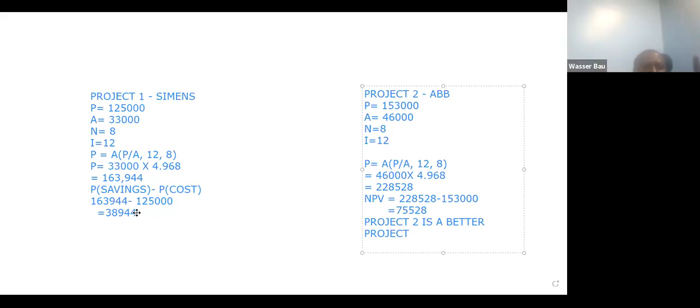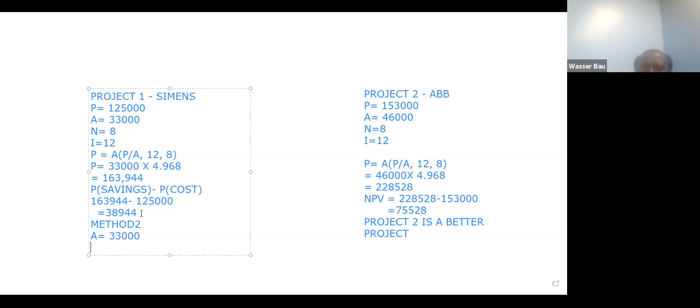So for this first project, another way to solve it is method 2. We have our A. Our A is what? 33,000. What is the A of P?